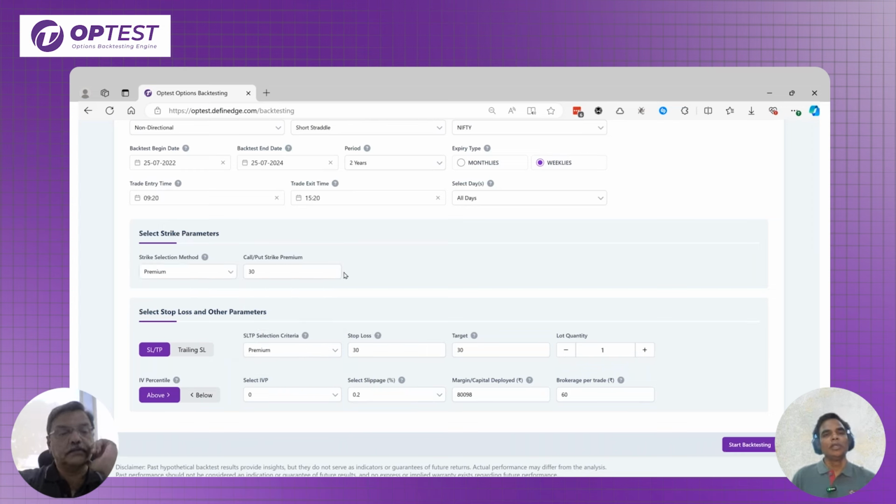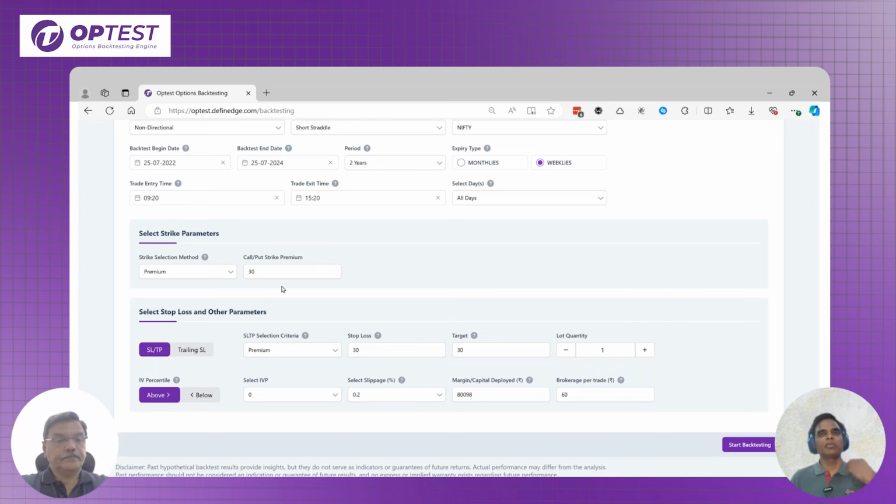Yeah, percent is very simple. Let's say Nifty is at 20,000 and I want to choose 0.25% down. It will be percent of the underlying. Yes, underlying. So 1% down means 1% of 20,000, accordingly that much down, 200 points down, like that.